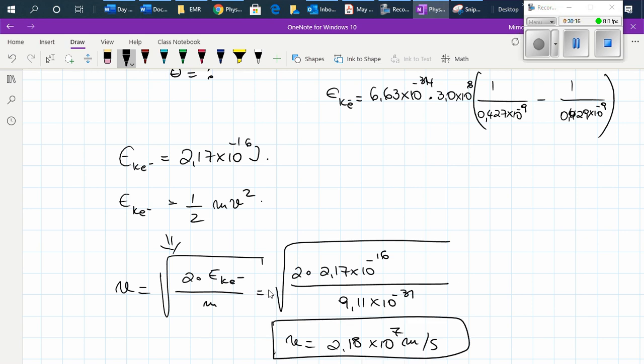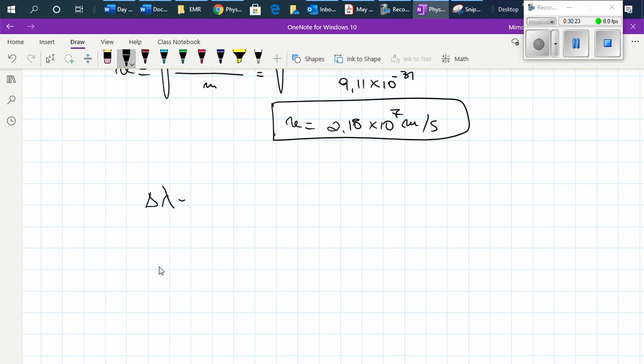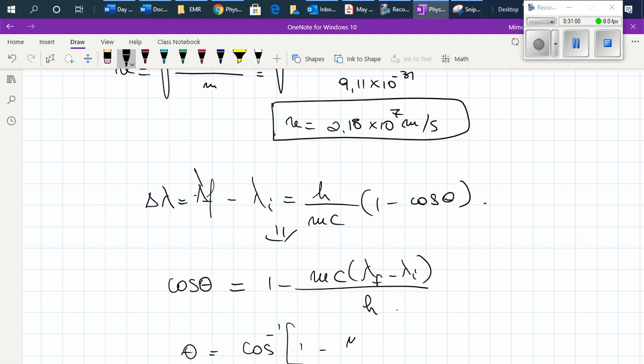Okay, and based on the fact that the change of wavelength, which is lambda final minus lambda initial, is h over mc times (1 minus cosine theta), we can find that cosine theta is 1 minus mc times (final minus initial) over h, or theta is the inverse cosine of 1 minus mc times (change of final minus initial) over h.